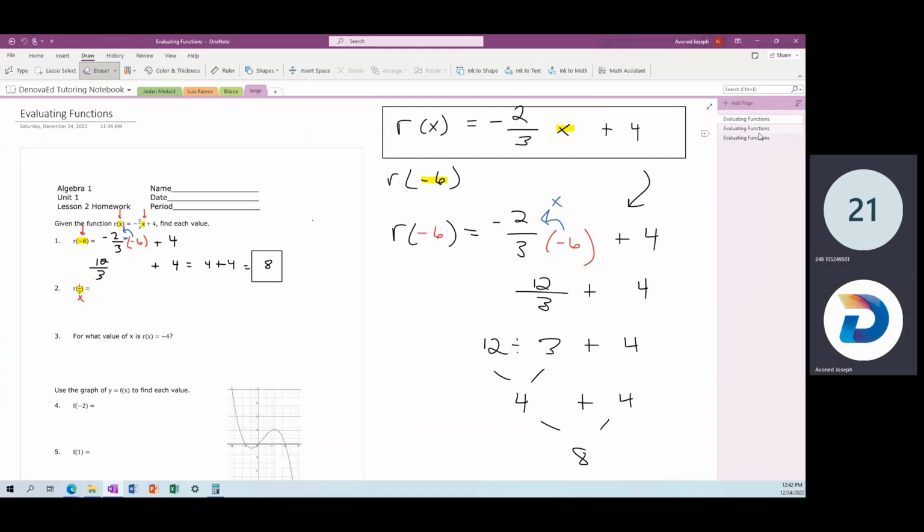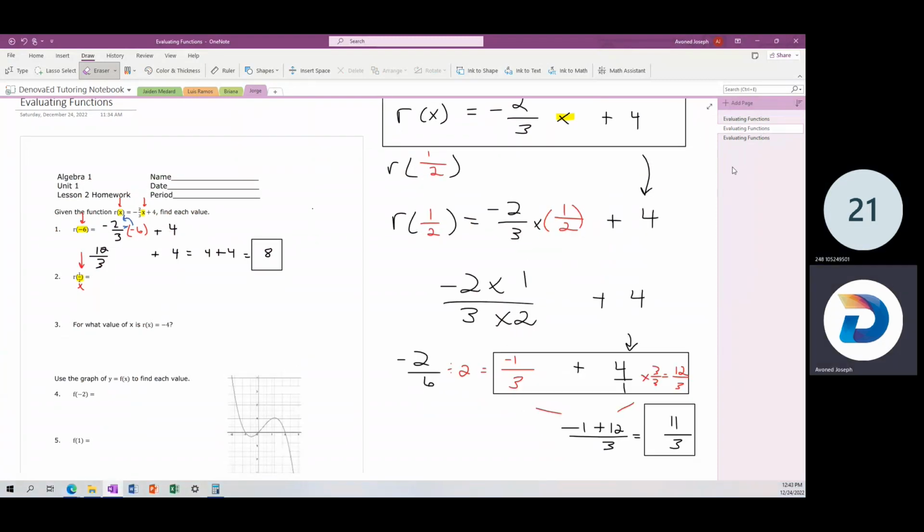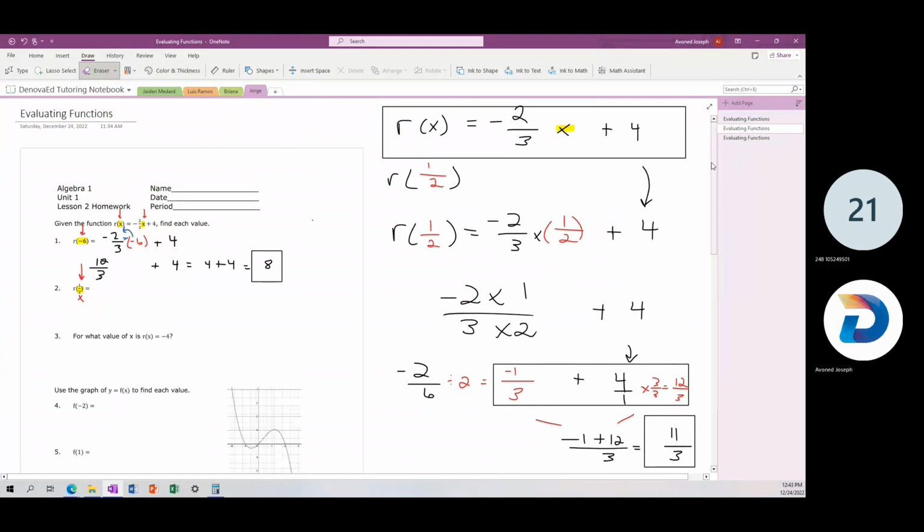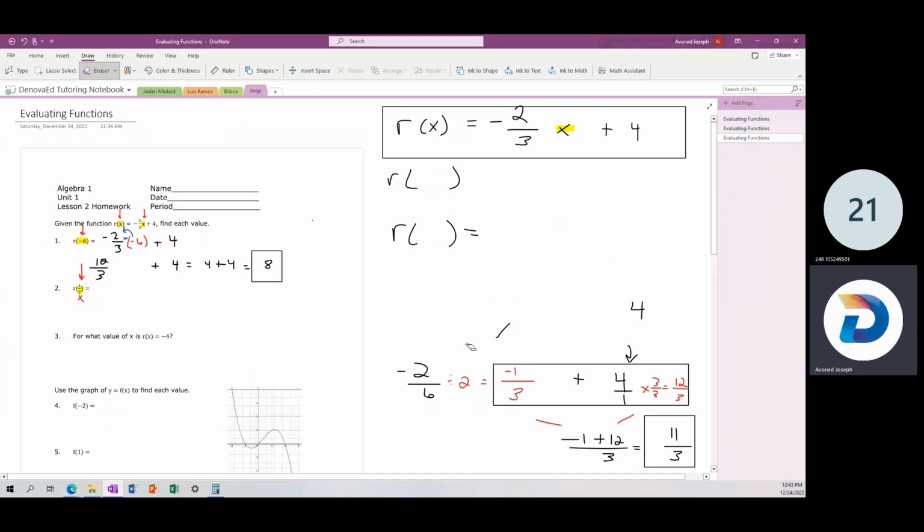Let me know when you're ready for me to go to the second one. Okay. Second question. You ready for the third question? All right. So let's go over the third question. You don't have to take a screenshot. Take a screenshot after I've solved each question. I think that'll be good for you.